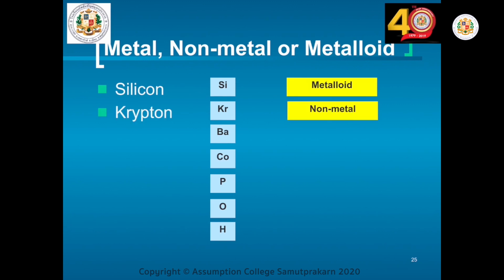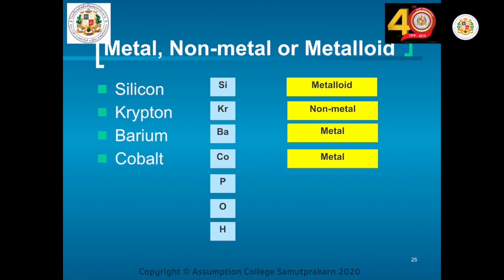Ba, on the other hand, is barium. And it is metal. Co is? Very good. It's cobalt. And it is also a metal. Next, we have P. What element is P? Very good. It is phosphorus.